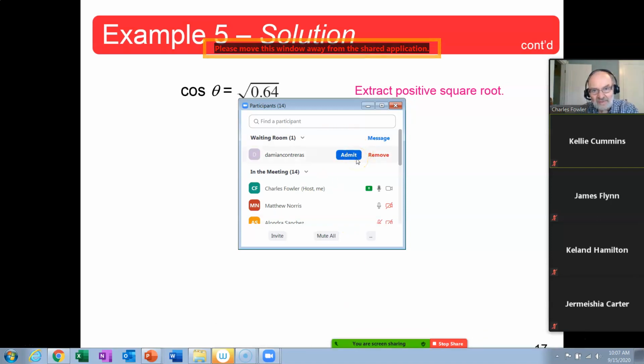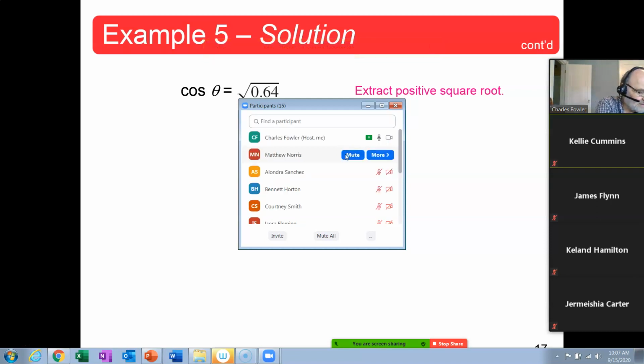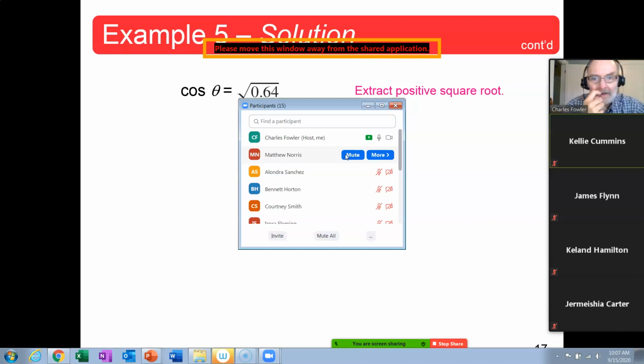Let me get him here. See, they blocked my name so I can't see it. Damien is coming in. All right. That gets us up to 14, I think. 1, 2, 3, 4, 5, 6, 7, 8, 9, 10, 11, 12, 13, 14. Got it. The numbers are matching. That's good in a math class. Okay. All right.